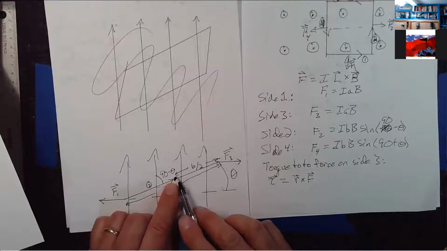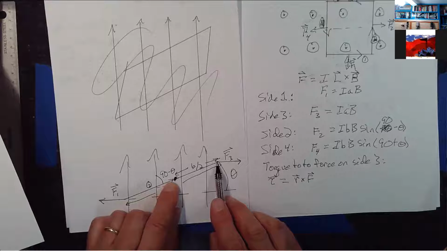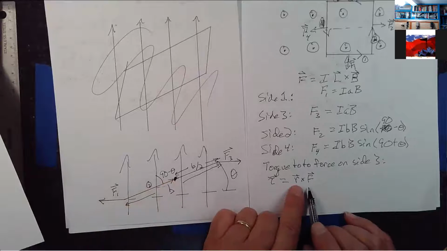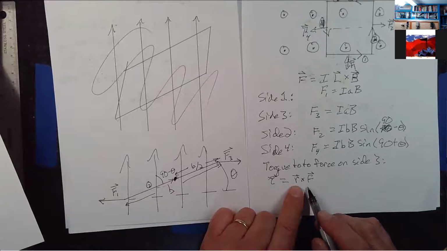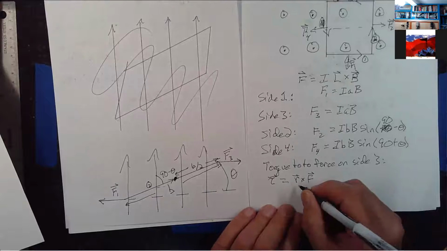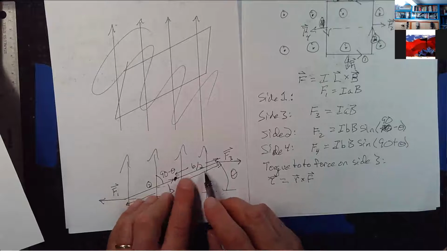It's a vector, actually, that points from here up to here. And F is just the force. So the R in this case is B over 2.